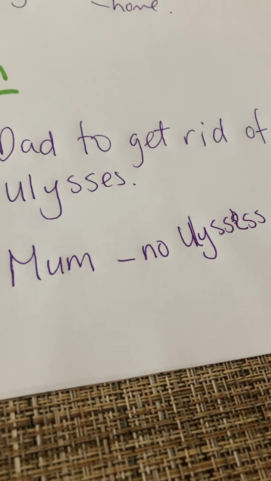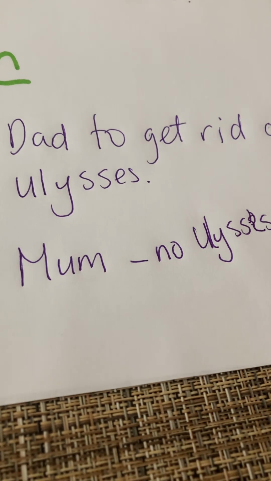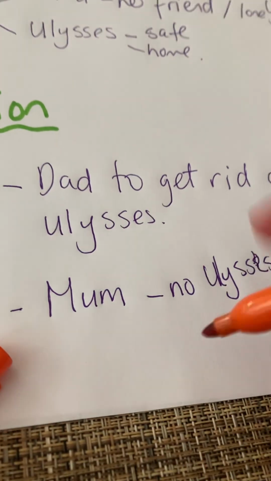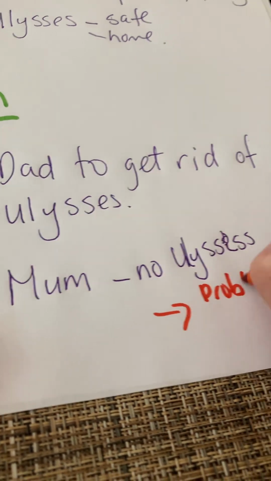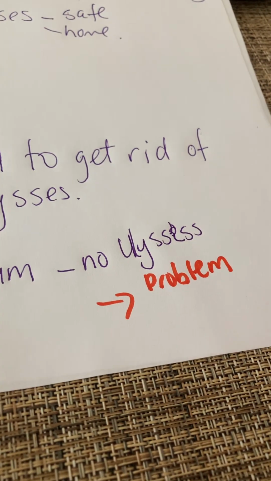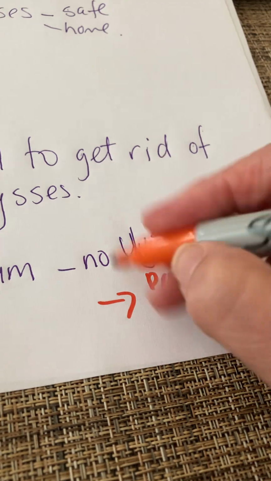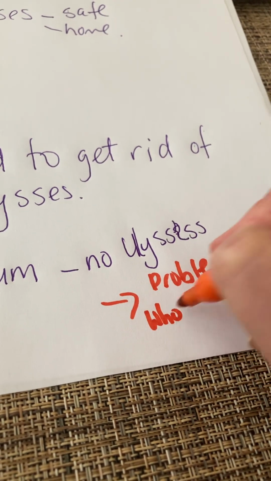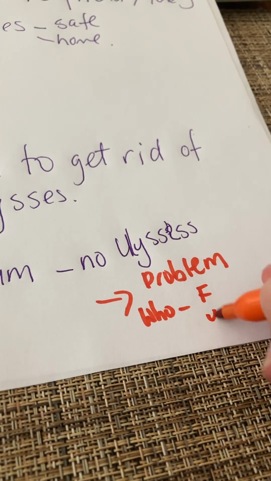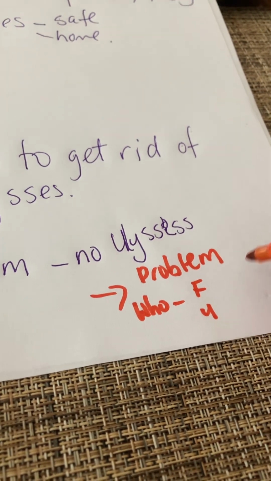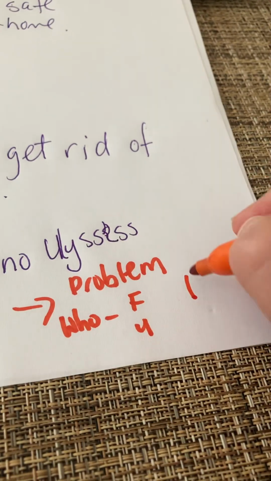But do you see how that's kicking off an additional problem? And who's that additional problem going to be for? Clearly for Flora, clearly for Ulysses, and clearly for Dad.